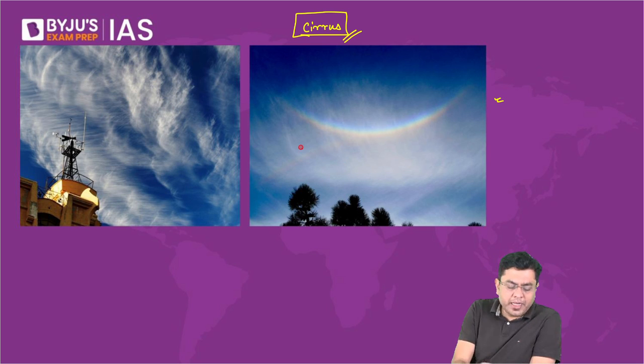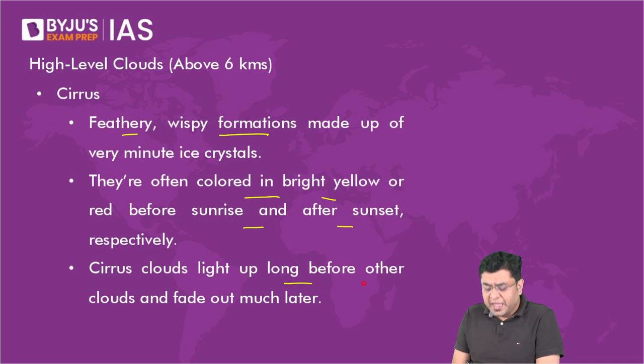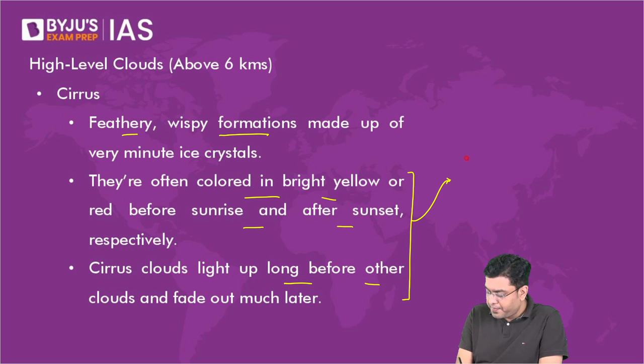So these are your cirrus clouds. They will have the unique, very thin, feathery, wispy appearance. So you will observe feathery, wispy formations made up of very minute ice particles. They are often colored in bright yellow or red before sunrise and sunset, respectively, and they light up long before other clouds and fade out much later. That is because of the interference of light and refraction of light, which creates this phenomenon.